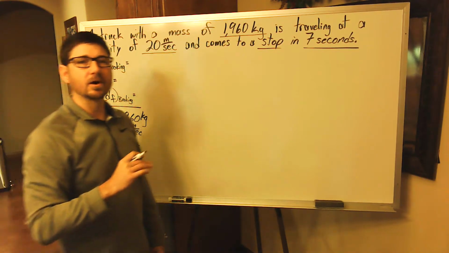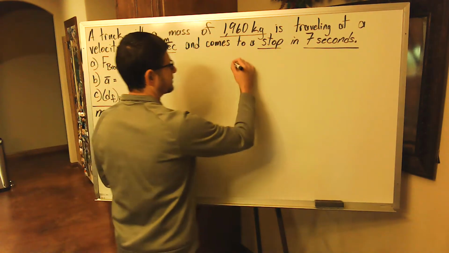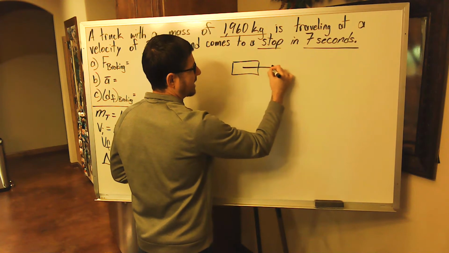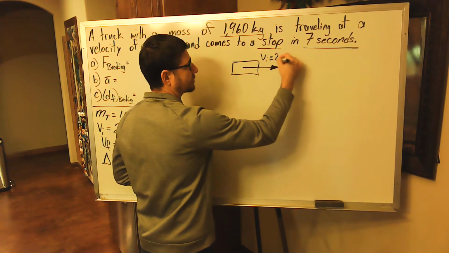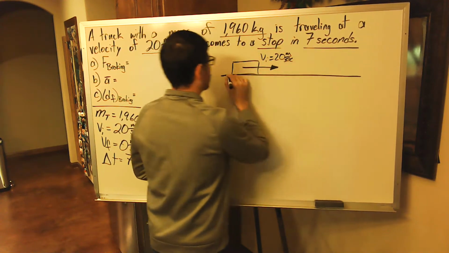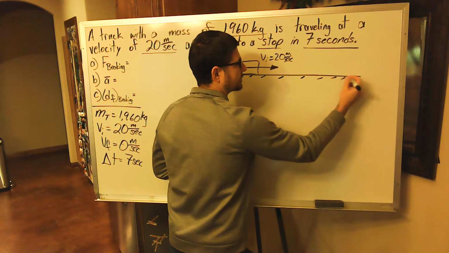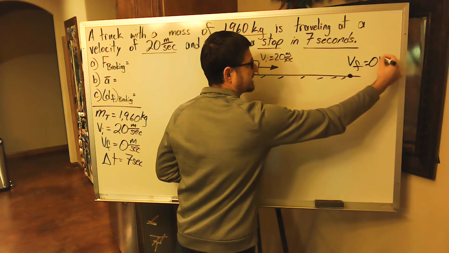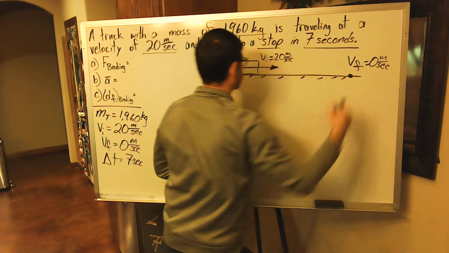If we draw a simple picture, this is our truck with an initial velocity of 20 meters per second, and we're going to come to a stop, so our final velocity is 0 meters per second.